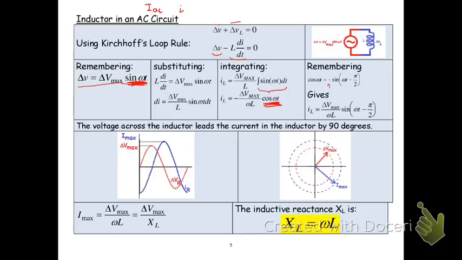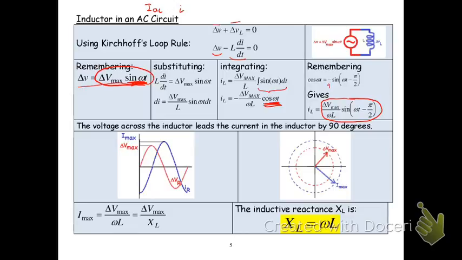So, okay, fair enough. When I substitute that in, I'm comparing that with that. And what I see is that these are out of phase.